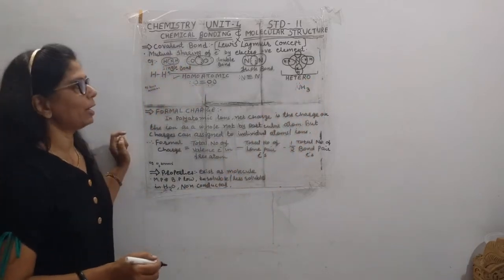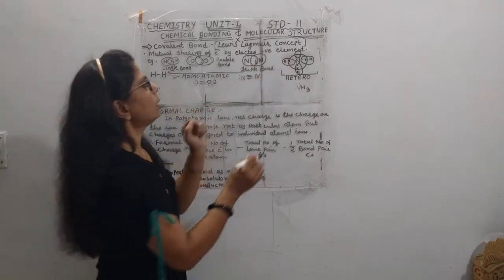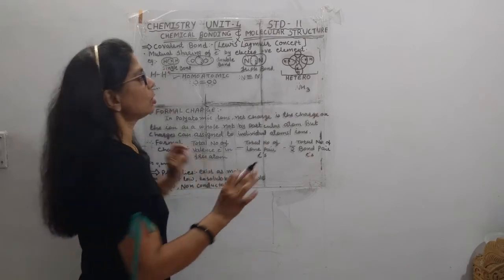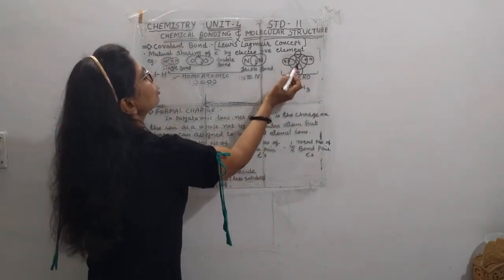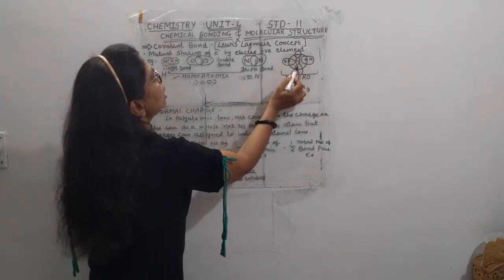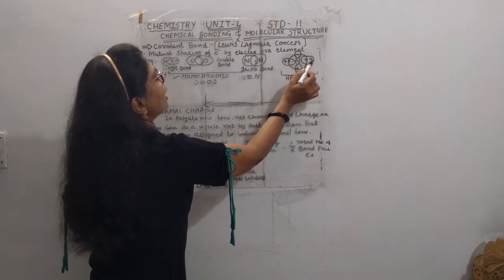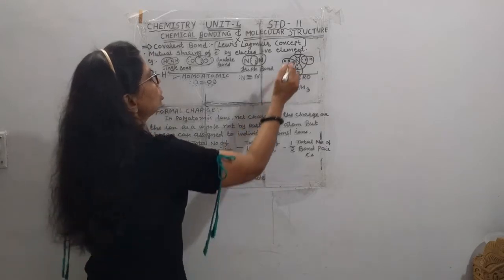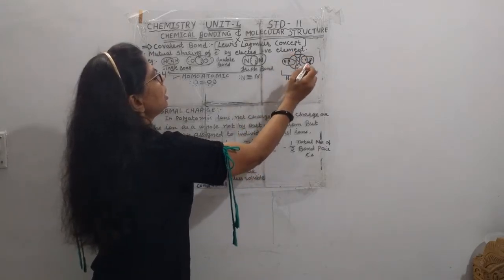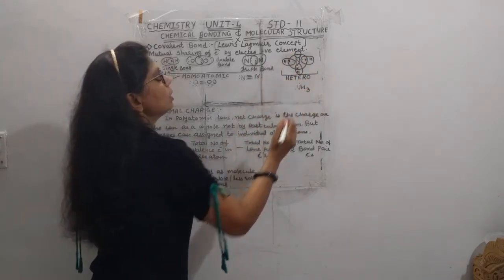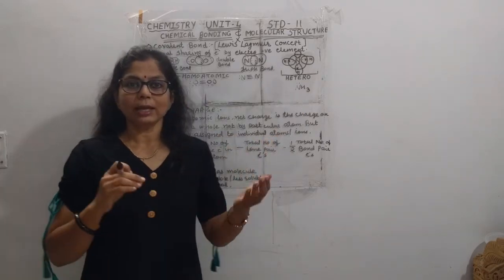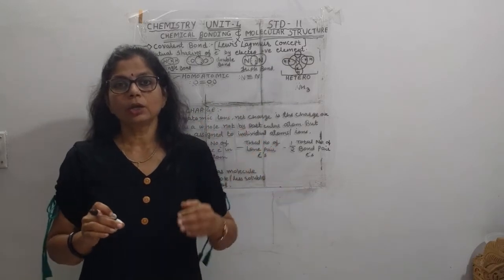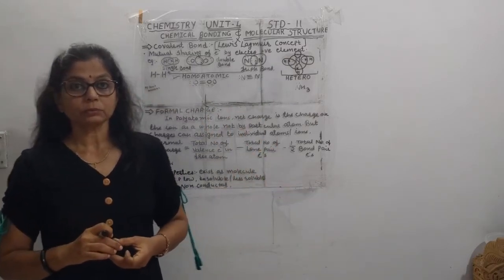This is the lone pair of electron. So here the nitrogen is having the 5 number of valence electron. So 5 electron of nitrogen, 1, 2, 3, 4 and 5, and each hydrogen shared by 1 electron. So this is the 3 sharing with nitrogen and hydrogen, and 1 pair is a non-bonding pair.